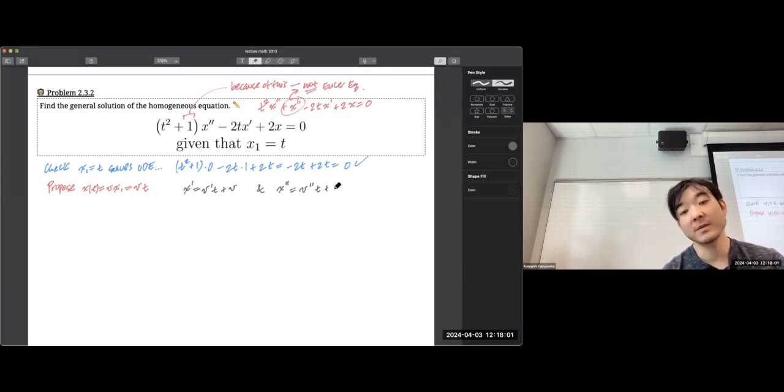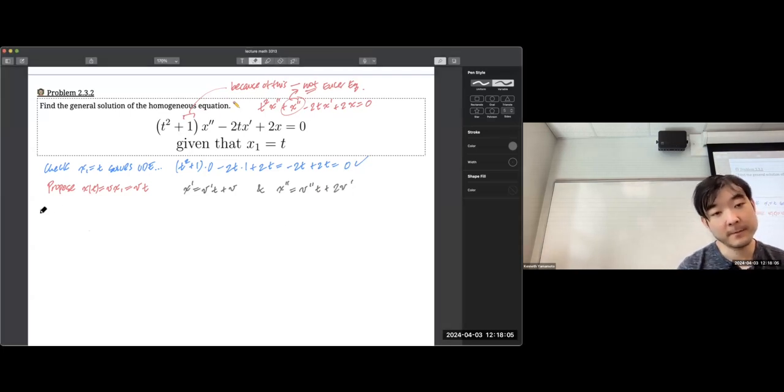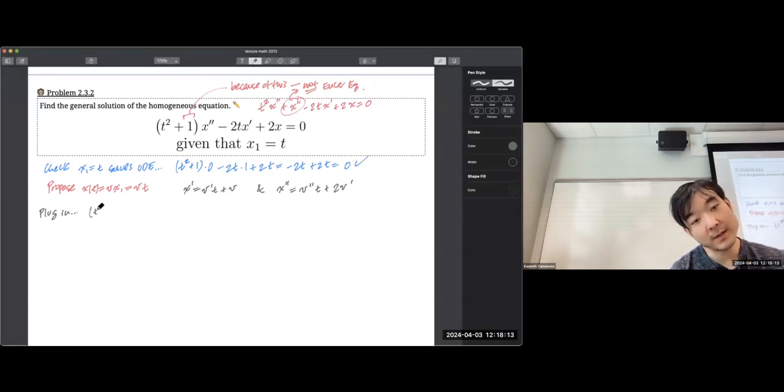But then there's another v prime, so it's going to be 2v prime. And then you're just going to plug it in. And so this t squared plus 1 is there, times this x double prime, this whole thing.